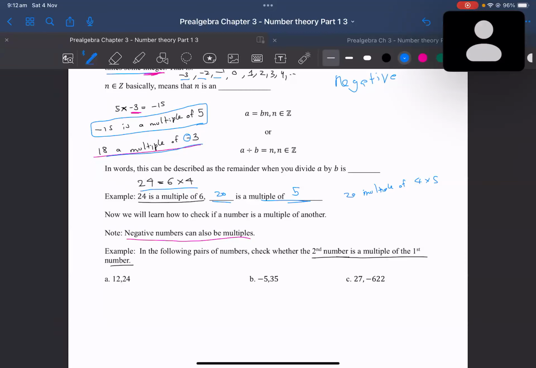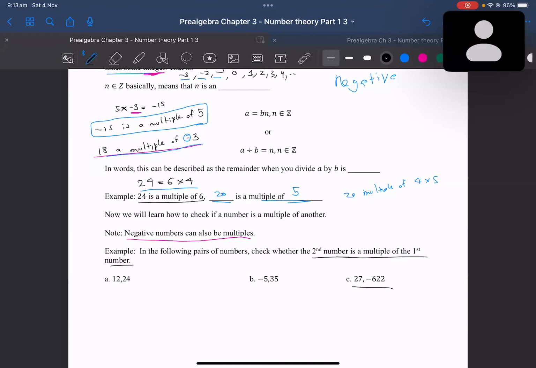Do you guys know the way to check? If it's like 18 and 3, you can do this in your head. But if I give you something like this, how do you check if it's a multiple or not? And the trick here is long division.